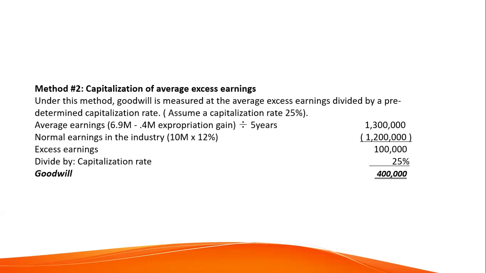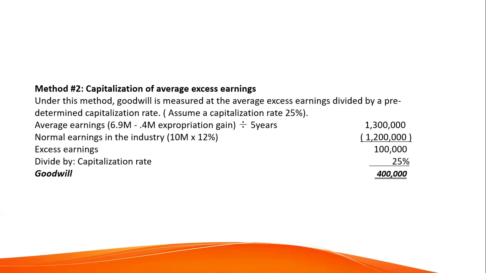Now, the average earnings is 6.9 million minus 400,000, the expropriation gain, and we divide that by a period of 5 years. So that gives us 1,300,000 per year. That's for an average of 5 years.